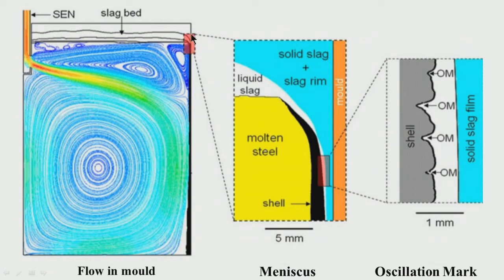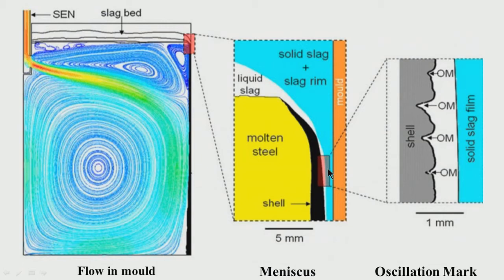This area, the meniscus area, has been magnified and shown in this picture. Please look here: the molten steel is this yellow, and we have the solid shell forming in contact with the molten steel, where part of it solidifies. Then we have the liquid slag, then a solid slag and solid rim, and finally the mold.